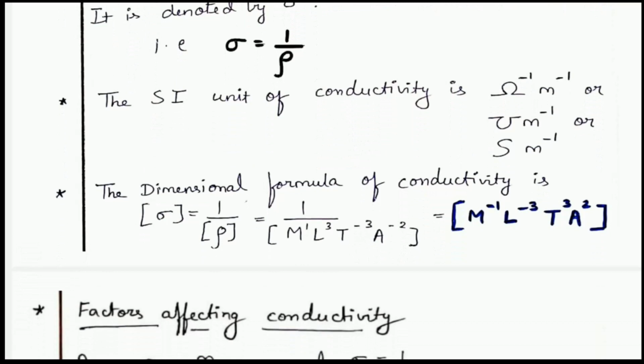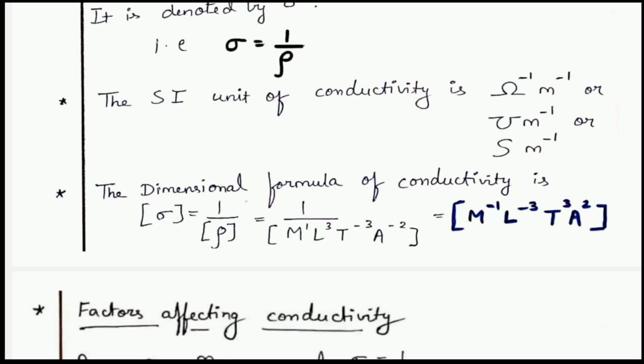The dimensional formula of resistivity, as we had discussed in the last video, was M1 L3 T minus 3 A minus 2. So the dimensional formula of conductivity will be M minus 1 L minus 3 T3 A2.